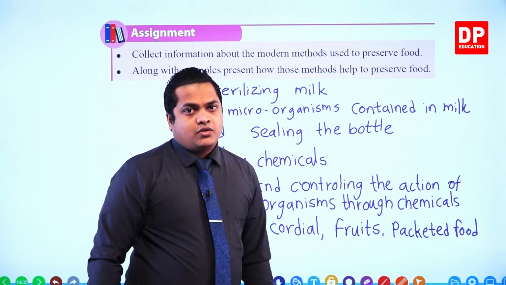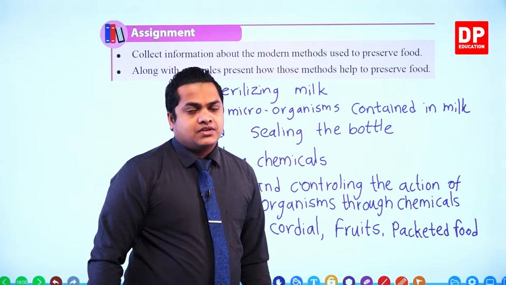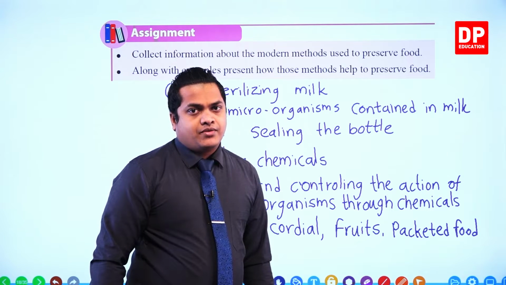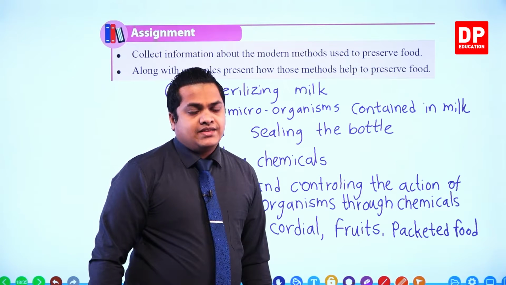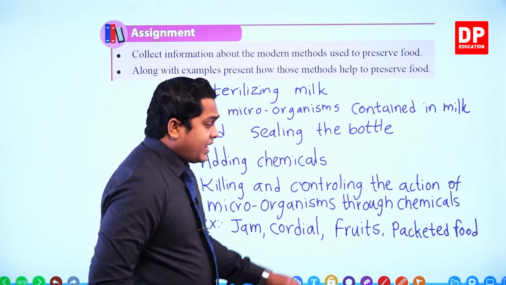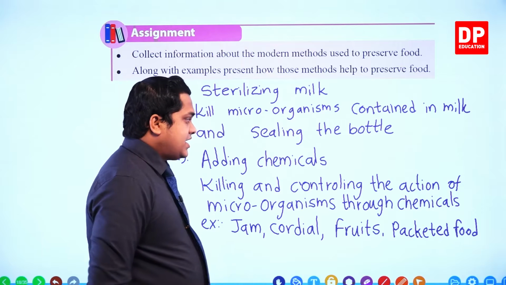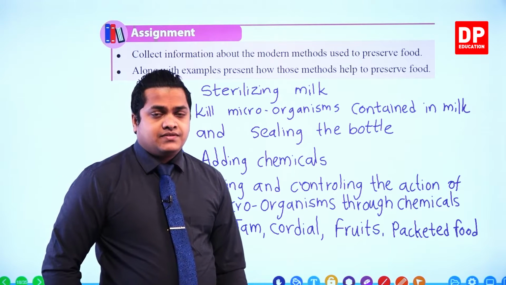Okay. So by adding these chemicals, it inhibits the growth of microorganisms. It reduces the growth of microorganisms as it is going to harm the action of microorganisms, right? So by adding these chemicals, especially these packeted food items, fruits, cordial and jam can be preserved.